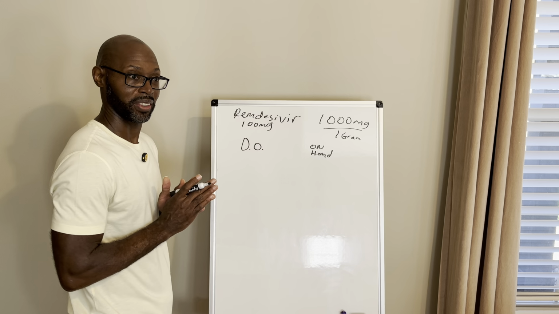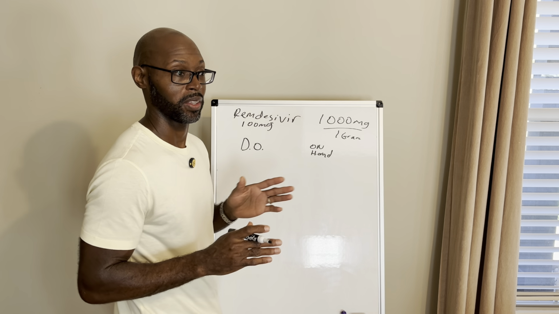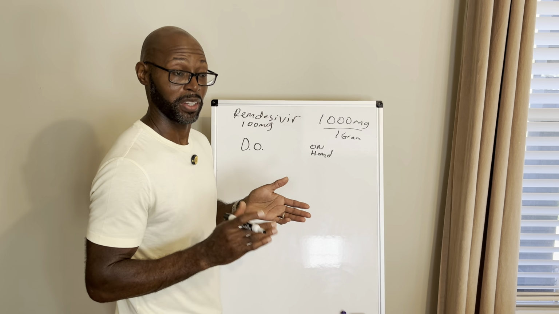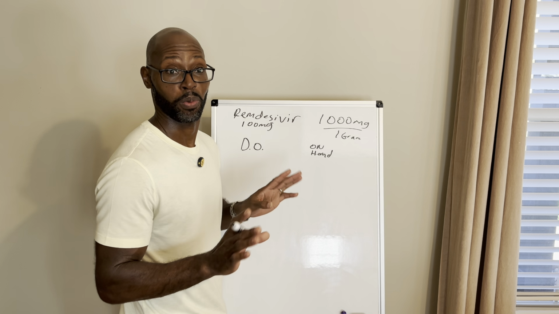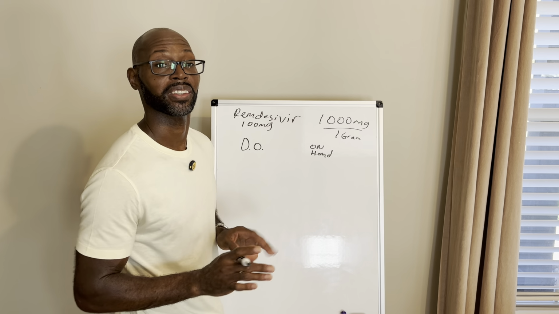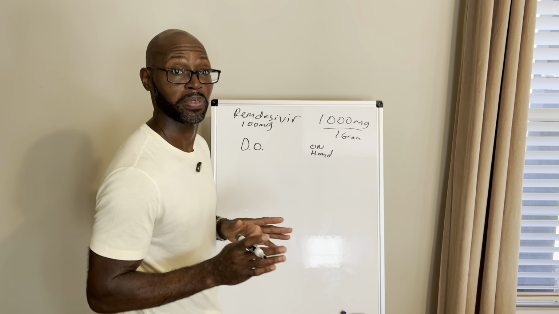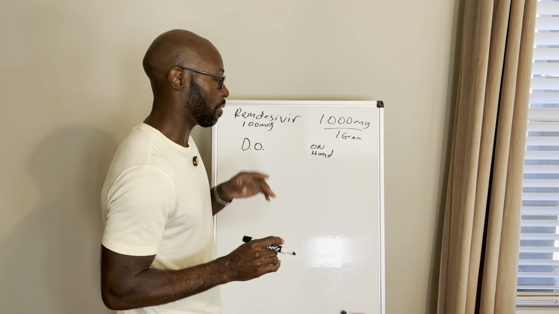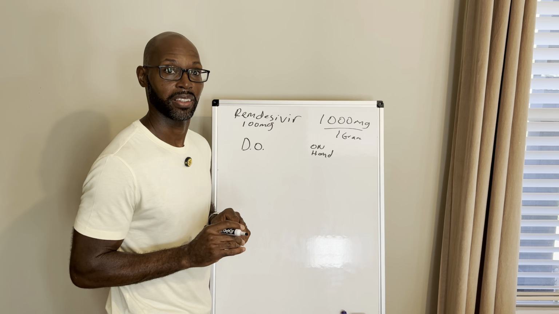The doctor ordered, we're going to use this scenario, okay? We have a patient coming into the emergency room feeling bad and having symptoms like the normal flu, but it turns out to be COVID, okay? So the doctor is going to order for this patient 150 milligrams of remdesivir.